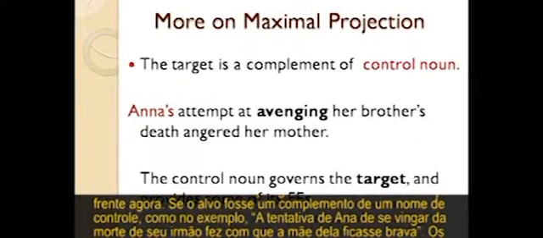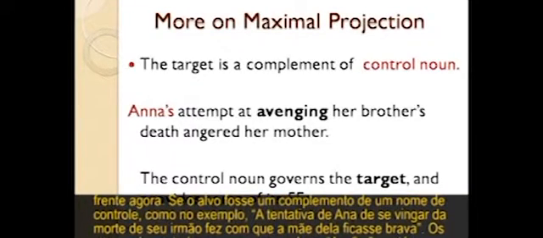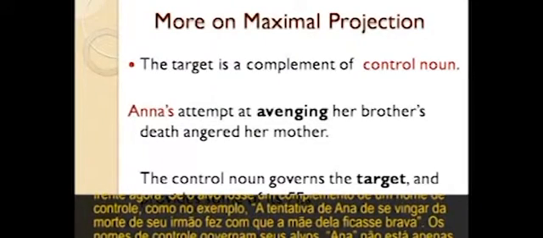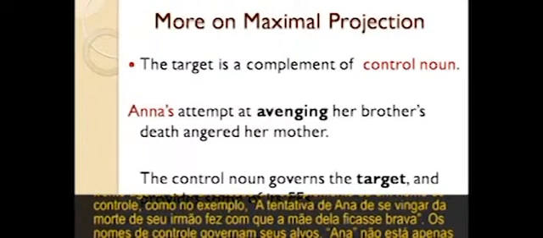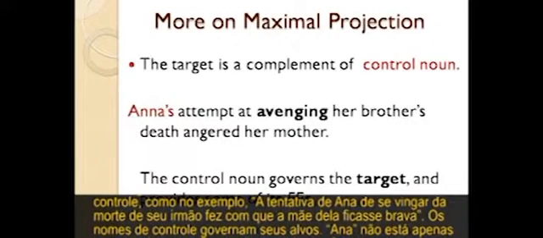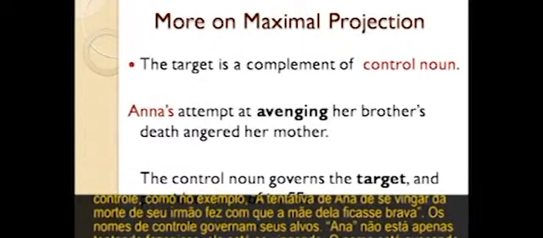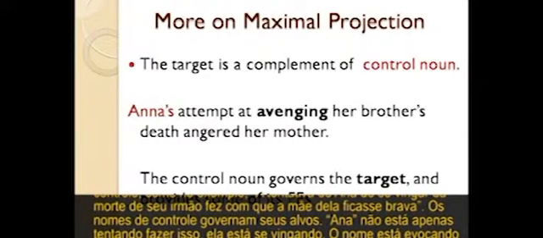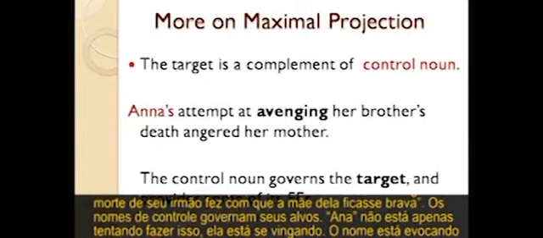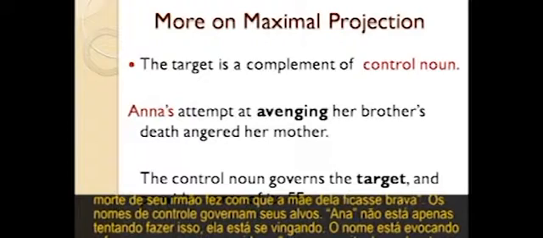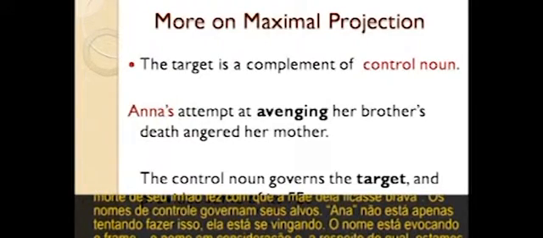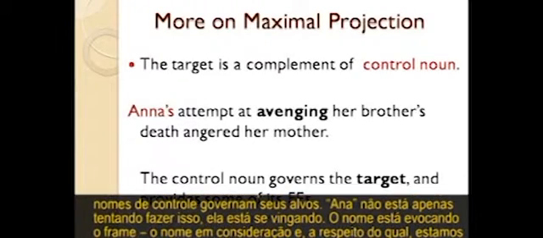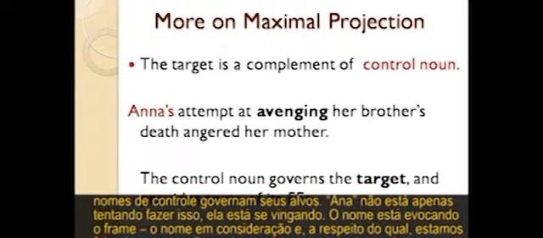Not only is Anna doing the attempting, she's doing the avenging, right? So the frame-evoking noun, the noun under consideration, the one for which we're providing the frame semantic annotation, has an external argument of its own that's not within the maximal projection.